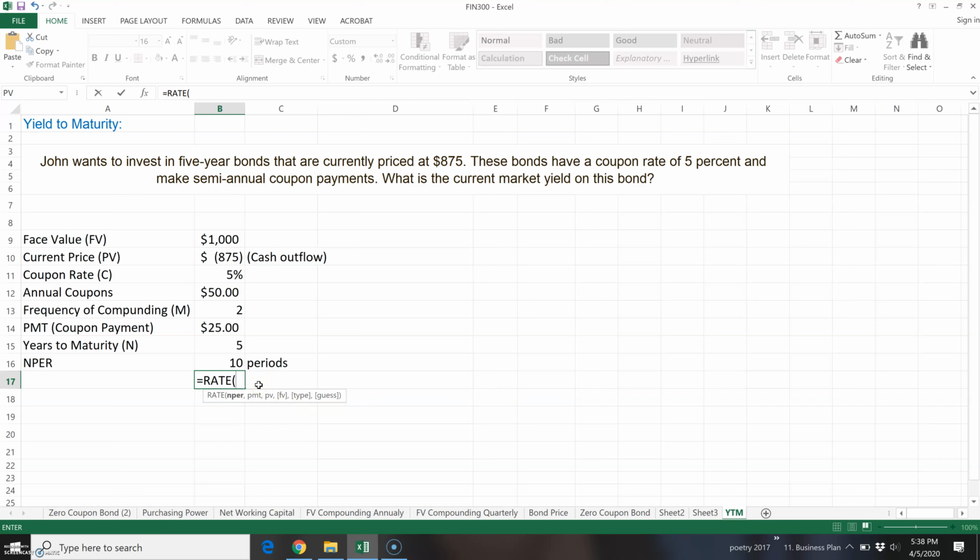So let us start entering those data. NPER is 10, PMT is 25, the current price is 875, and the face value is $1,000. Close the bracket and enter.